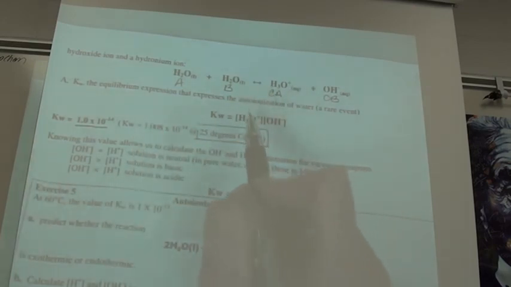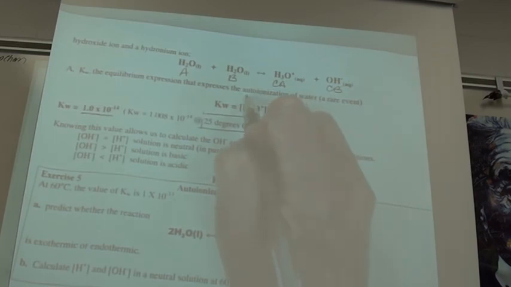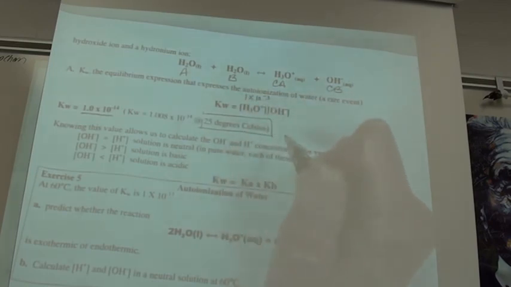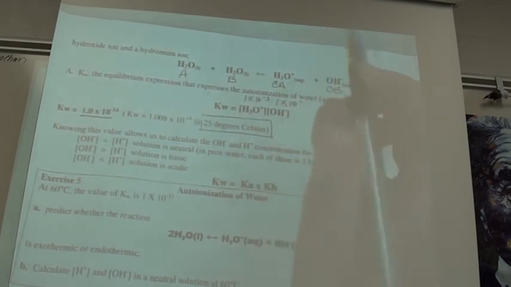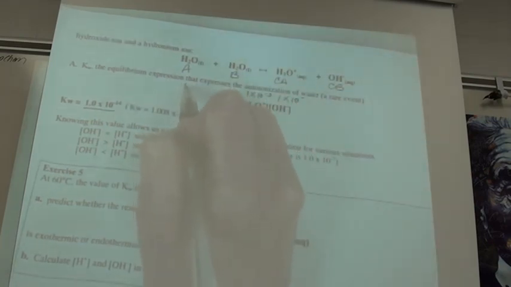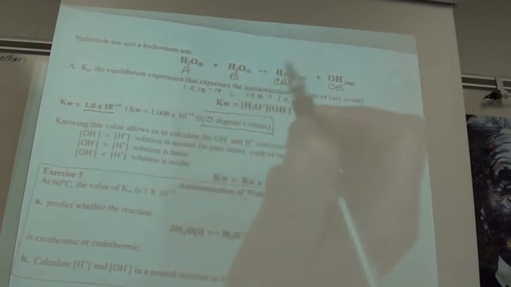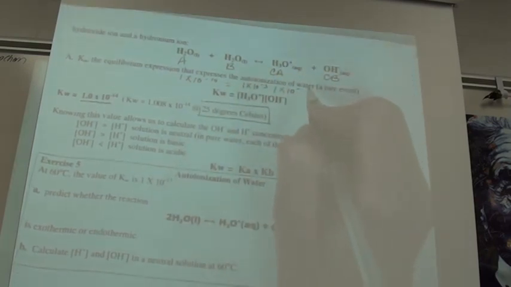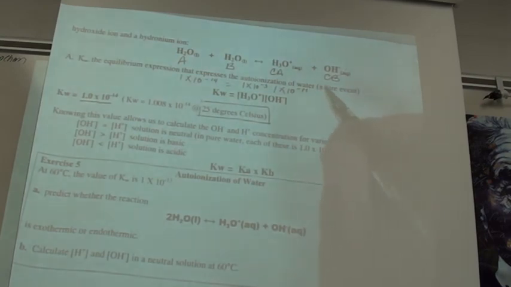So, if this was 1 times 10 to the negative third, remembering that it always equals 1 times 10 to the negative 14, this would have to be 1 times 10 to the negative 11. Okay, you get how these are related? All right.